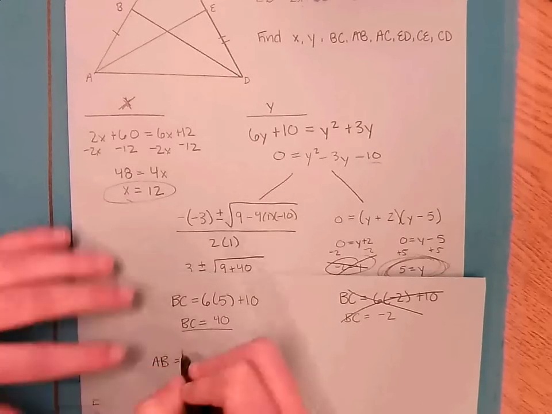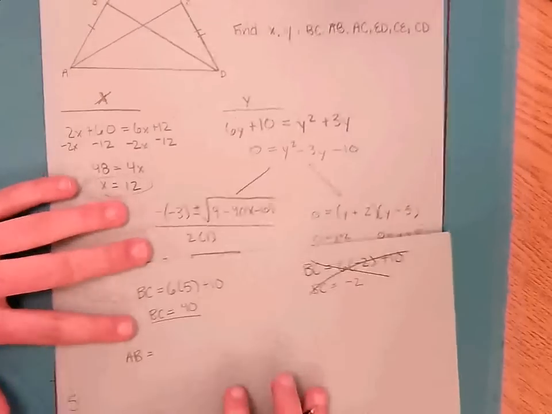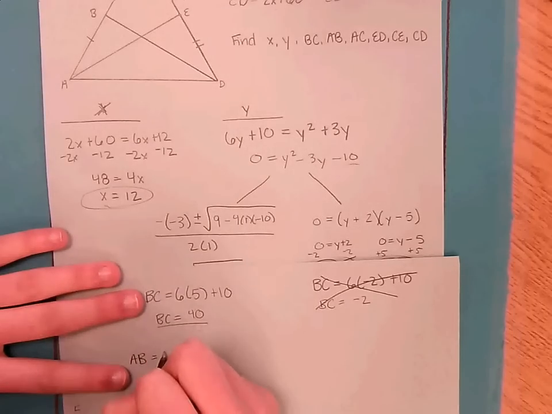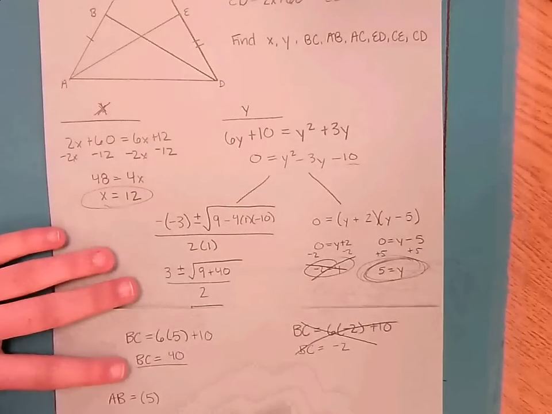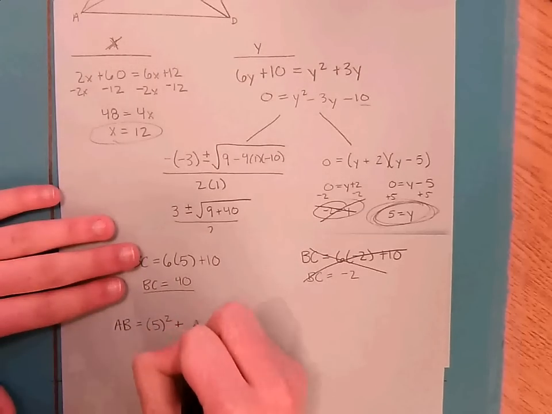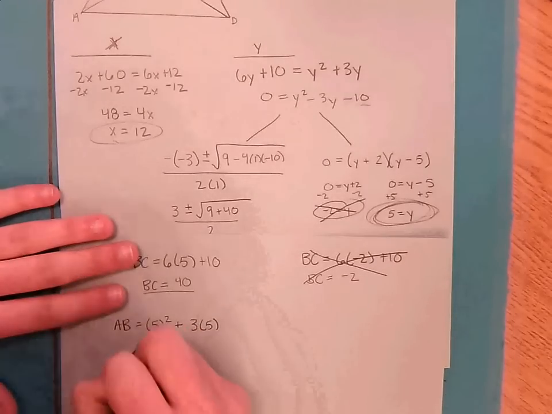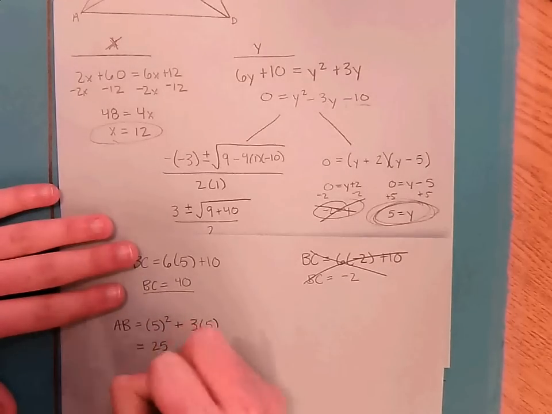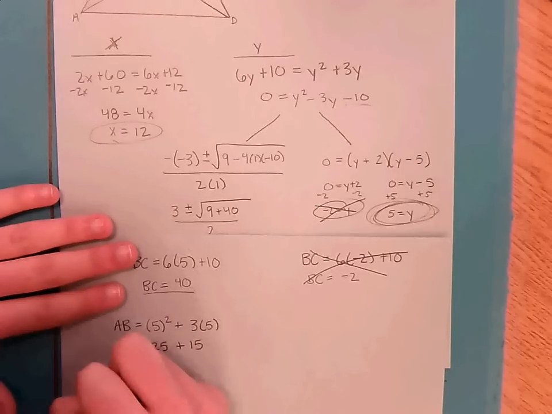AB equals, right up here, y squared plus 3y. Now we have y is 5, because we decided that we cannot use negative 2. So that squared plus 3 times y, and that'll give you 25 plus 15, which equals 40.